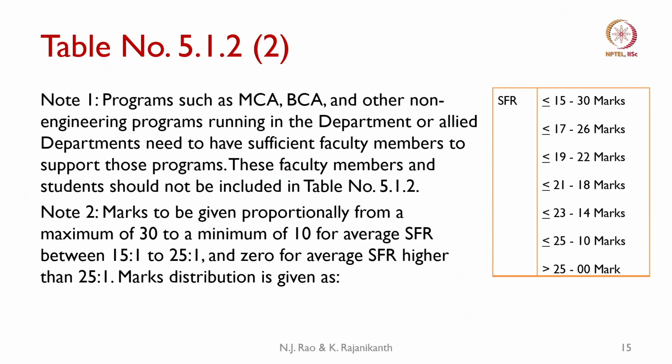Like that it goes on, less than or equal to 19, 22 marks. And if the student faculty ratio is greater than 25, 0 marks. Notice that if the student faculty ratio is greater than 25, 0 marks are awarded. Okay. So we must maintain less than or equal to 25 as the student faculty ratio to get some marks.